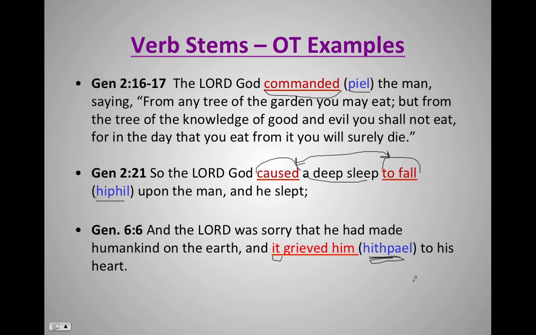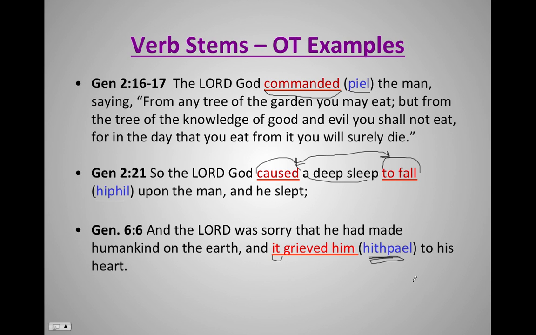But nonetheless, these three stems show you how the stems are fairly colorful when we unpack them in a Hebrew verb. And again, if you looked up any of these verbs in a lexicon or a dictionary, you'd likely be able to find more information on the stems and what they mean for these verbs.